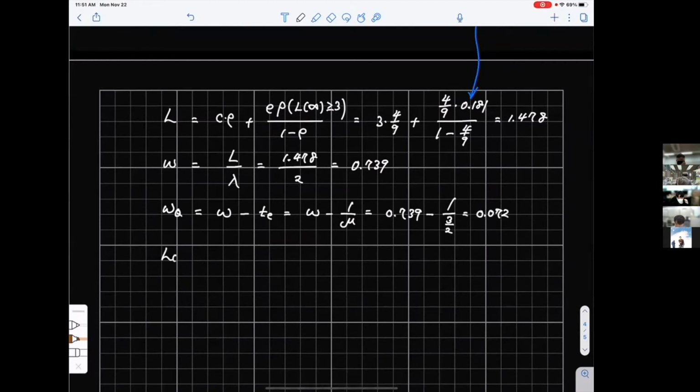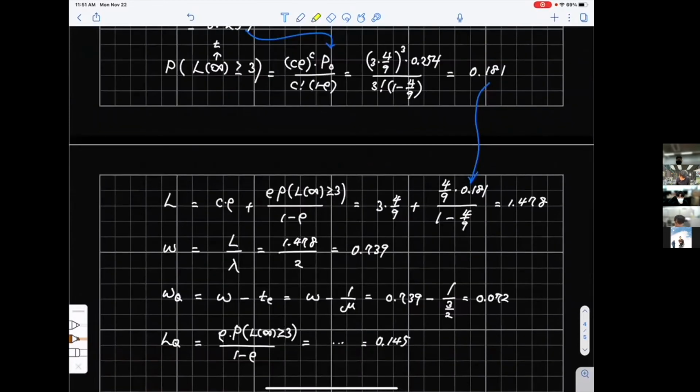Finally, the length of the waiting queue is L minus rho, which is 1.45. This is the exact values that you have to put into each problem.